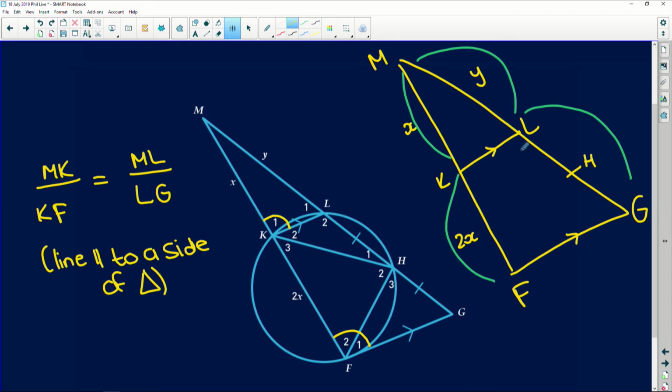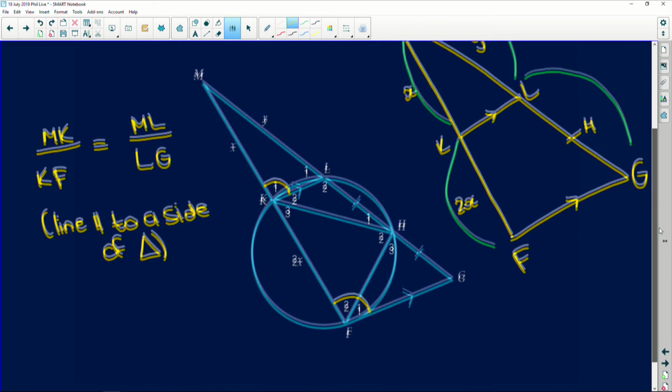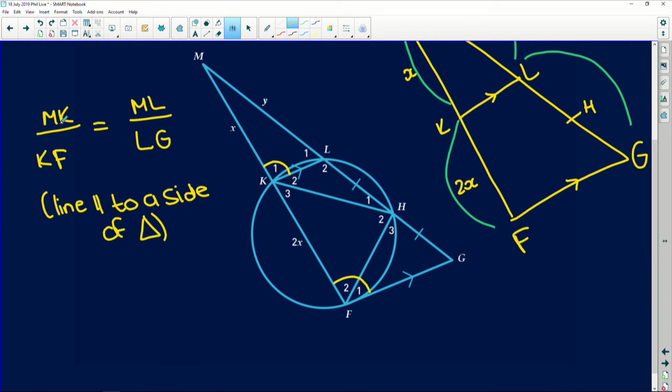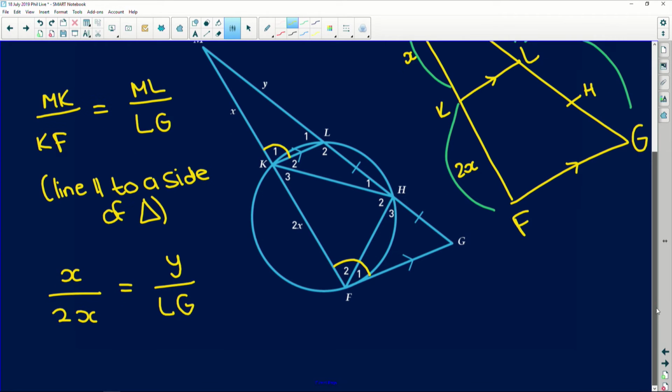Okay, because remember, this side parallel to this side divides the other two sides in proportion. So now we can substitute in our variables. MK is equal to X. KF is 2X. ML was given to us as Y. And LG is the side that we're trying to find. Okay, so you can simply see that if we have 1x over here and 2x over there, we have 1y over here, therefore LG is equal to 2y, because 1x to 2x is 1y to 2y.